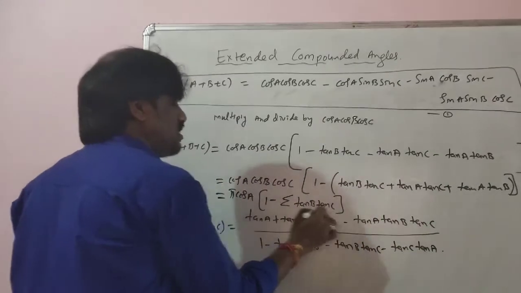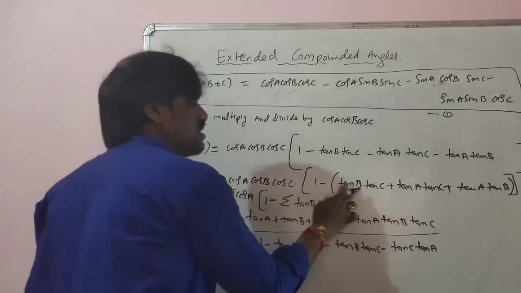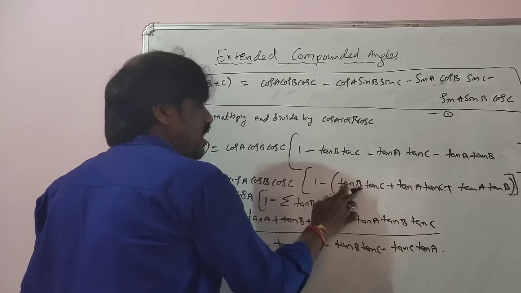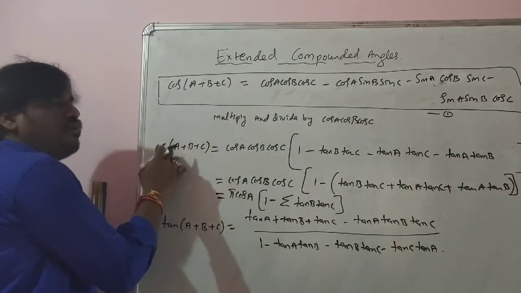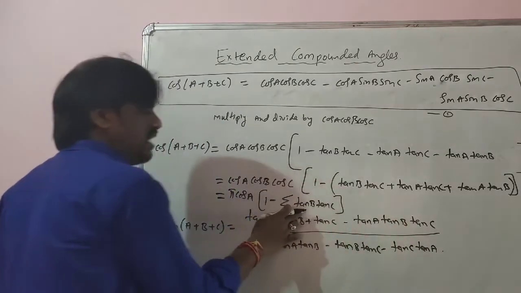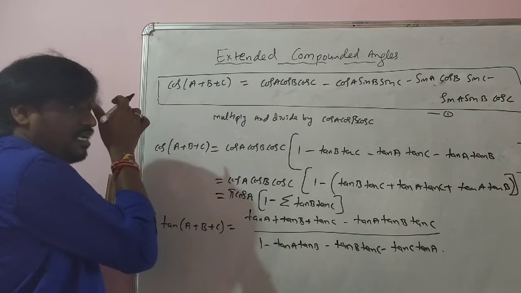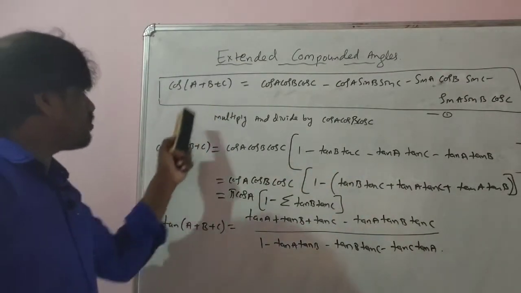So the formula can be written as pi cos A times 1 minus sigma tan B tan C, because A, B, C move cyclically. Next to BC means next to CA, next to AB, like that.